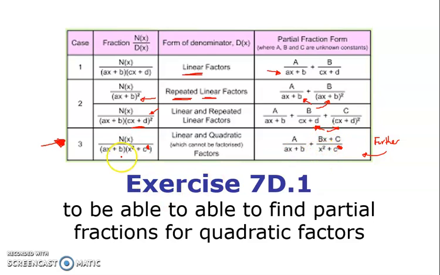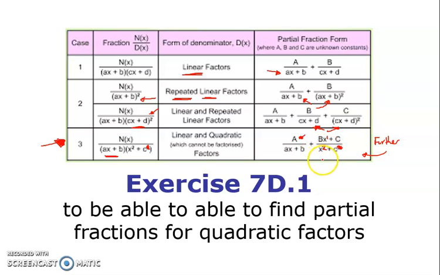So that's why when we have a linear factor of ax plus b, that's got a power of x to the 1, and therefore the a has no power, if you like, or power 0. And here we've got a power 2, and that's why we have a power 1. Theoretically, if we had a cubic one, we'd have to have a quadratic on the top.